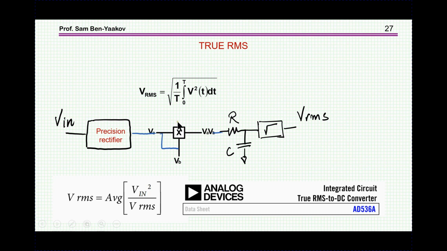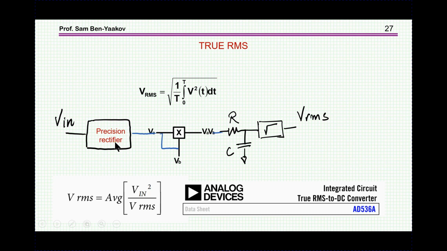Well, that's a rather complicated operation. Now, luckily, we do have quite a number of ICs that will do this job. For example, this unit, AD536A of Analog Devices, this is just one example, will perform this operation. And so therefore you'll be able to get the true RMS of a voltage.